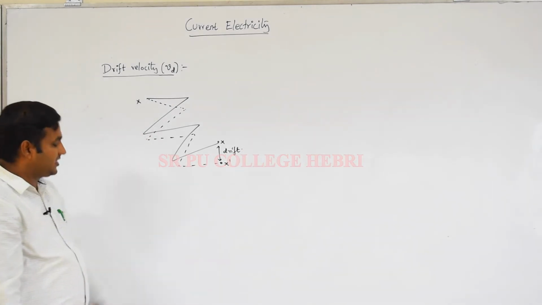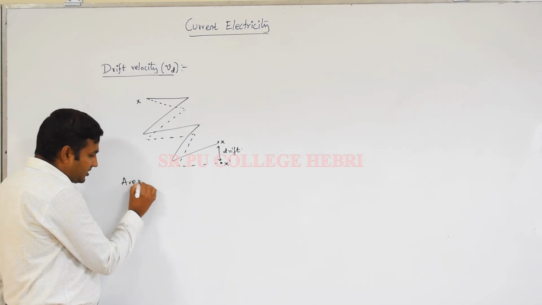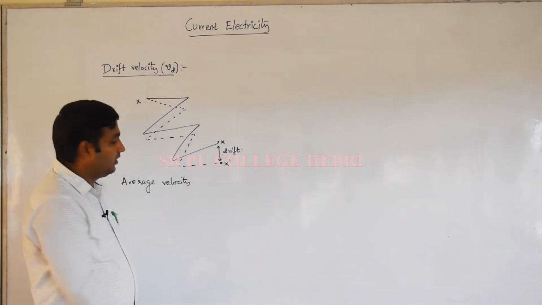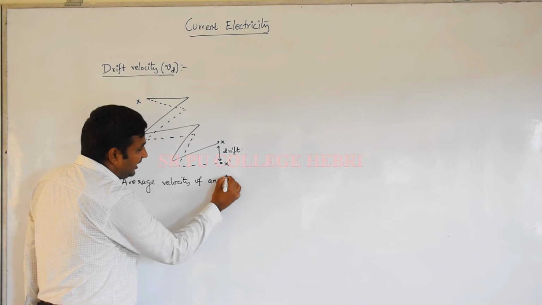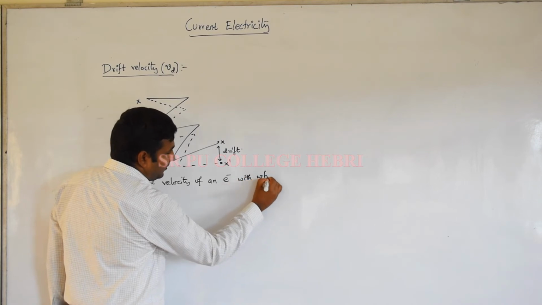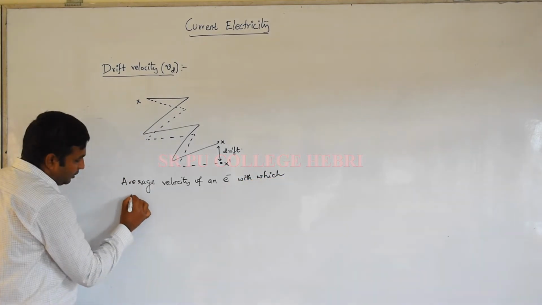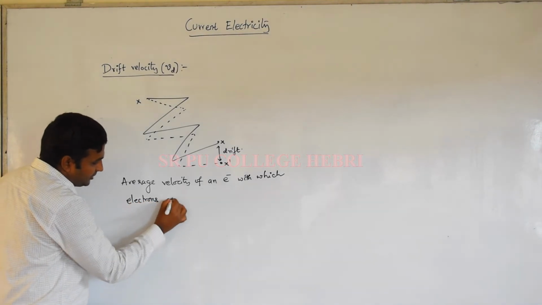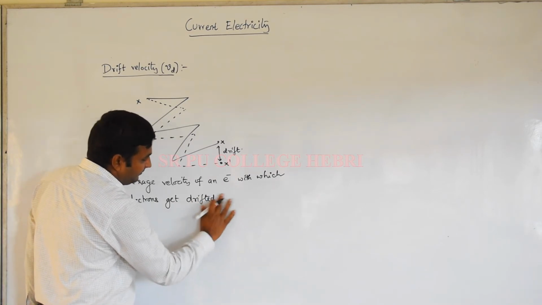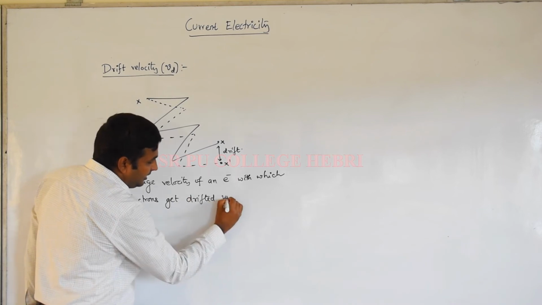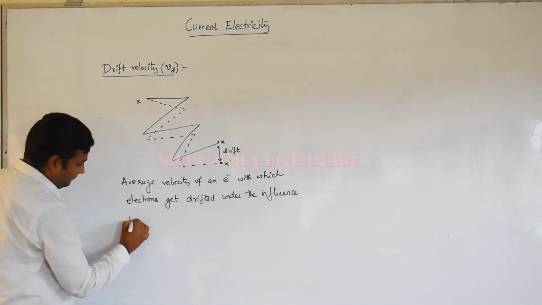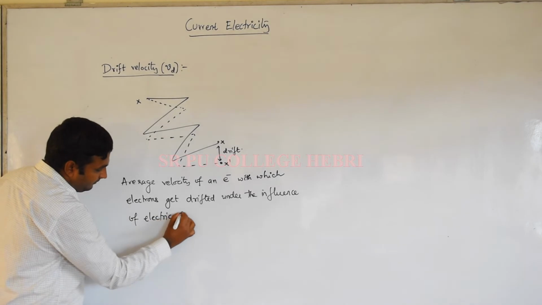Here drift velocity is nothing but the average velocity of an electron with which electrons get drifted under the influence of electric field.